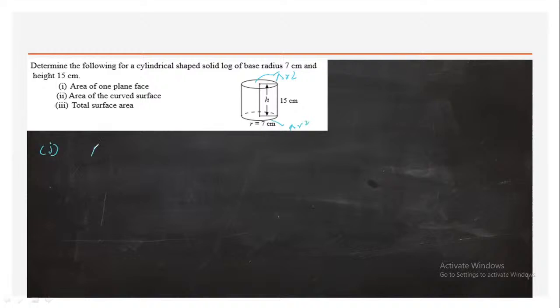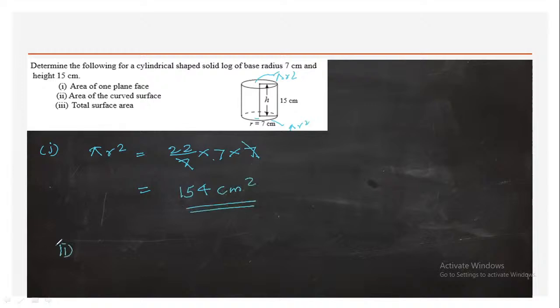So you write pi r squared, that is 22/7 into radius 7 into 7. Cancel out the 7 below and above the line, 7 times 22 is 154 square centimeters.